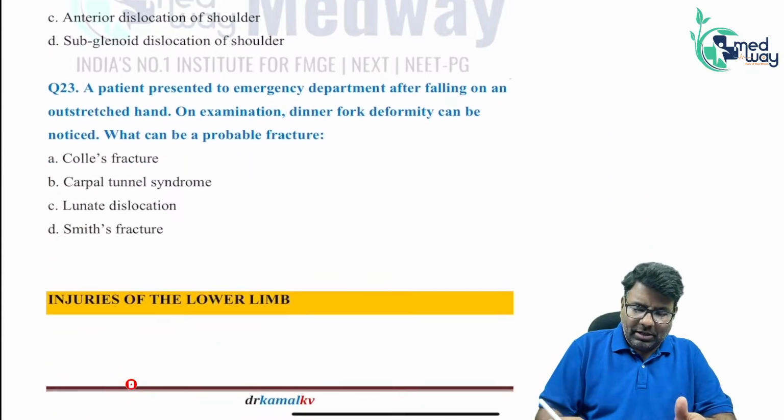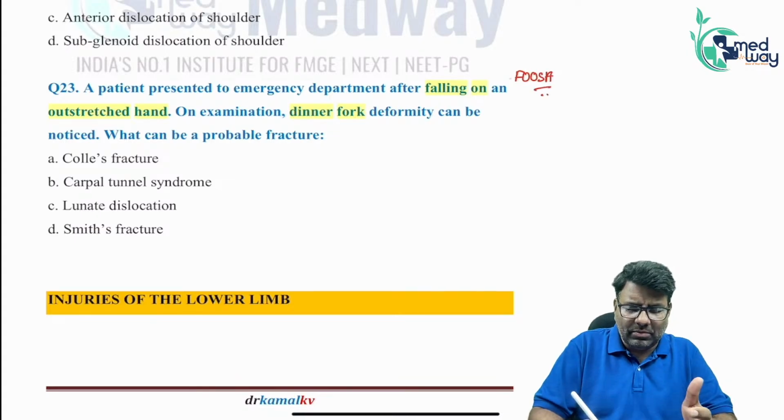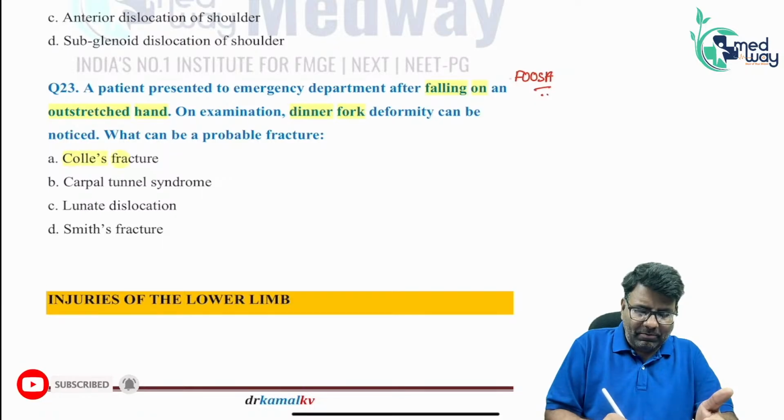Then the patient presented again with a fall and there is a dinner fork deformity. In a fall on an outstretched hand with dinner fork deformity, I think it's a very easy question everyone can answer. The Colles fracture.